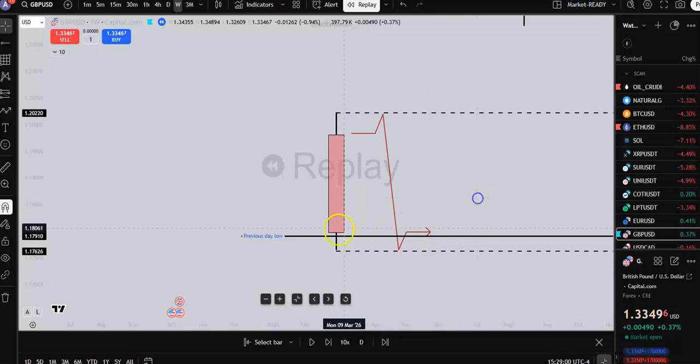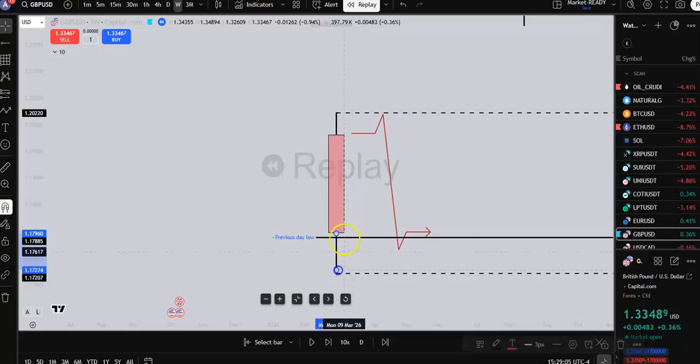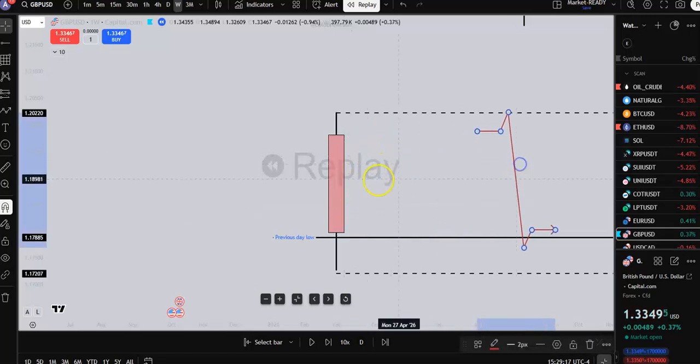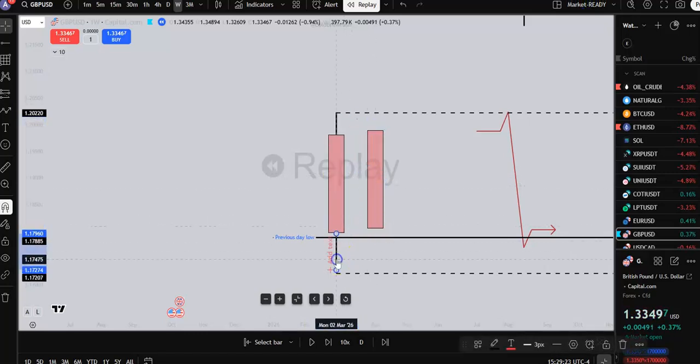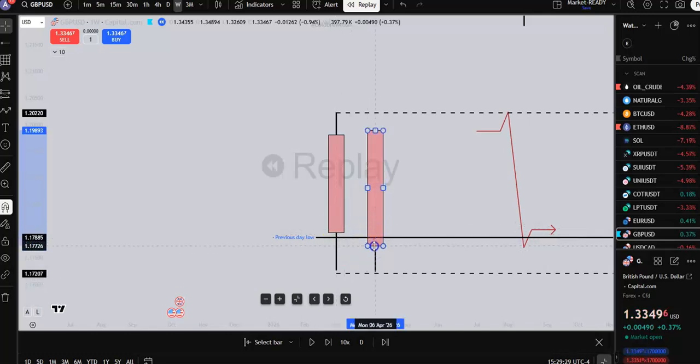The candle reaching below the previous day low and closing above has nothing to do with the candle reaching below and closing below. This is the key level holding. This is the key level being swept and broken.